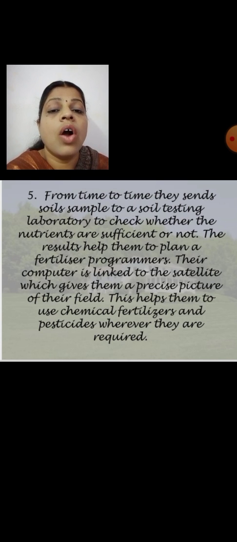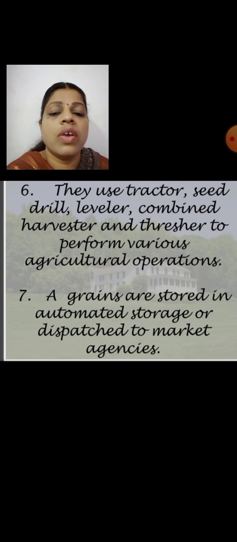And all the computers are linked to the satellite, and that also helps them to get a precise picture of their field. And this helps them to use the chemical fertilizers and the pesticides wherever they are required. This is the fourth feature of the farming system in America.